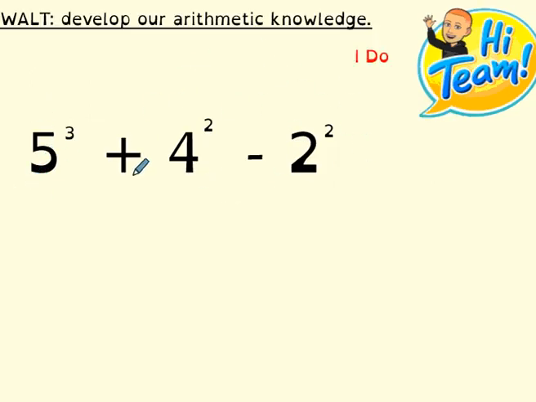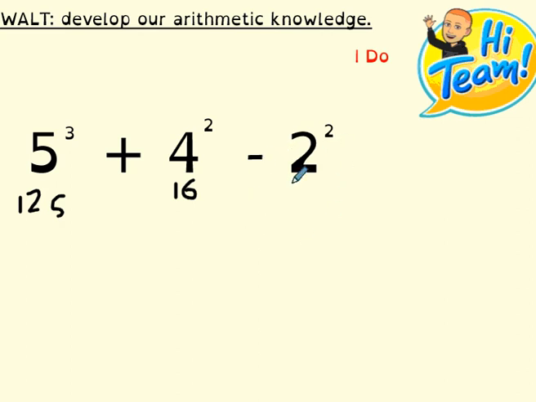So, cube and square numbers. We've done lots of these throughout this year. We know now that cube numbers are the number here times by itself 3 times. So 5 times 5 times 5. 5 times 5 is 25. 25 times 5 is 125. 4 times 4, or 4 squared, is 16.